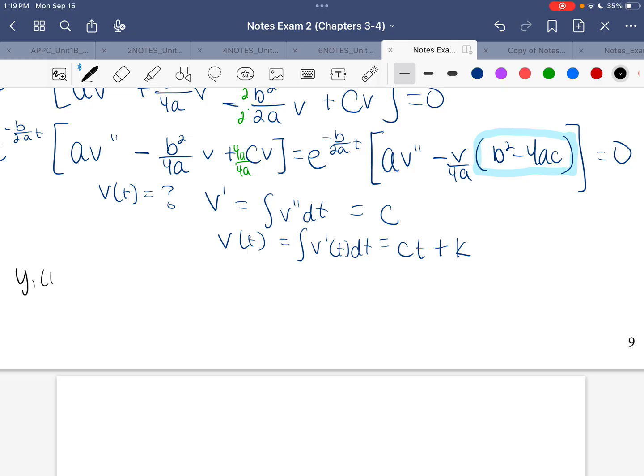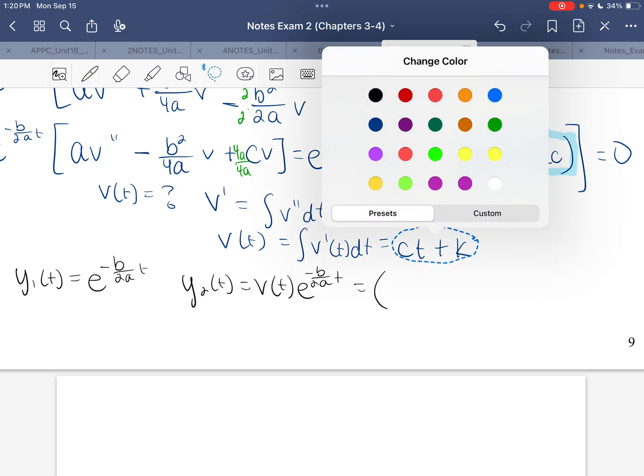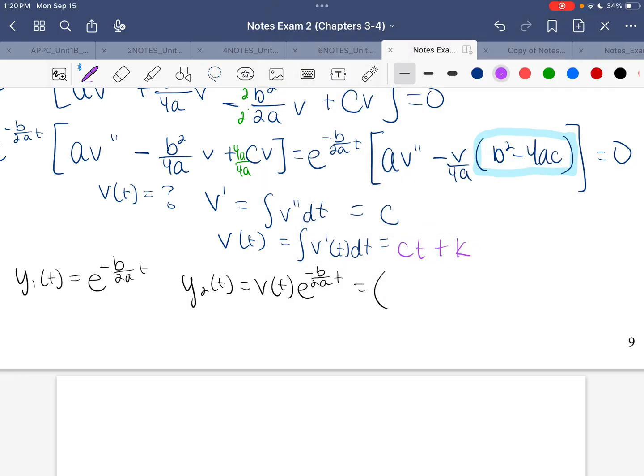So y1 of t was equal to e to the negative b over 2a t. y2 of t, we said, was v of t times y1, which really is going to be c t plus k times e to the negative b over 2a t.